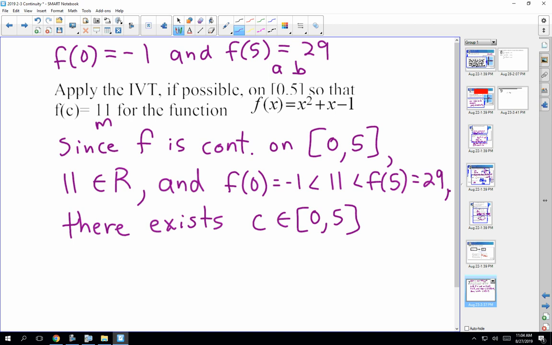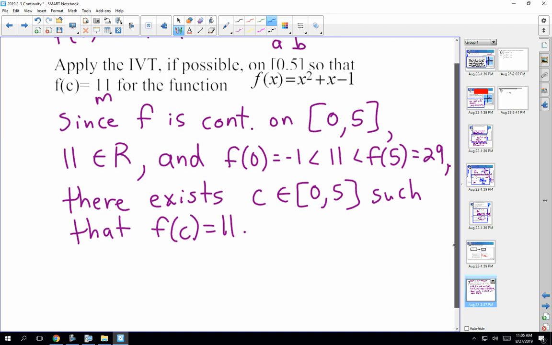And then such that, there's a symbol for such that too, it's a backward E, but we'll write out such that f of C equals 11. So there exists one, and in this case, we can actually find it. So we're going to apply the theorem. All the conditions were met, and so here's what it looks like.